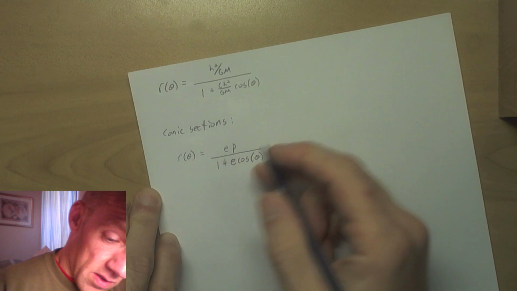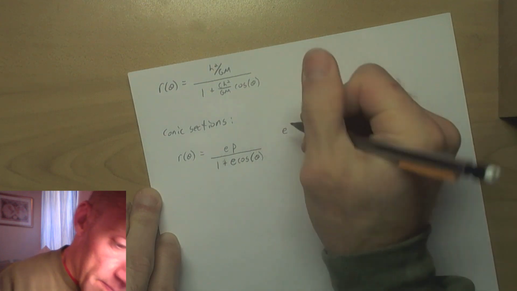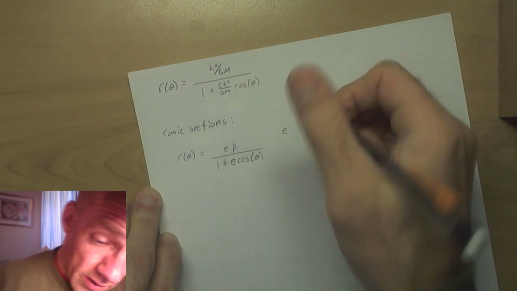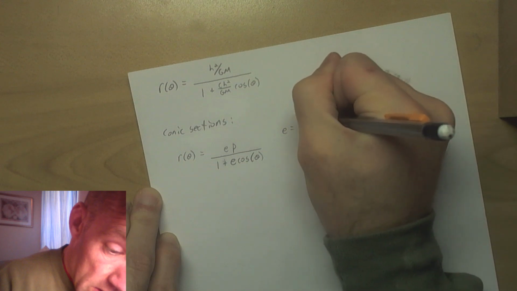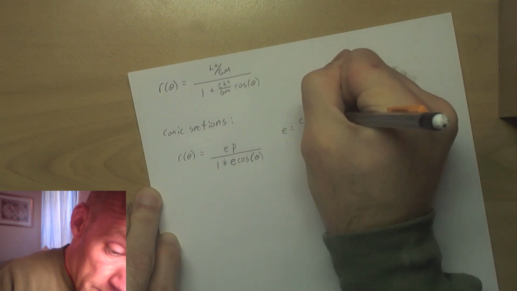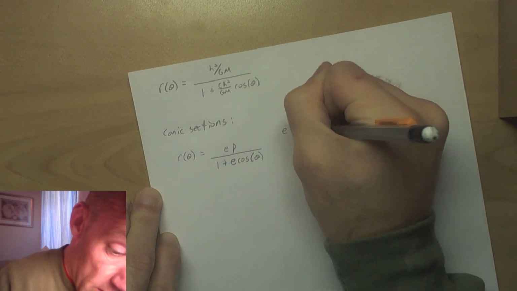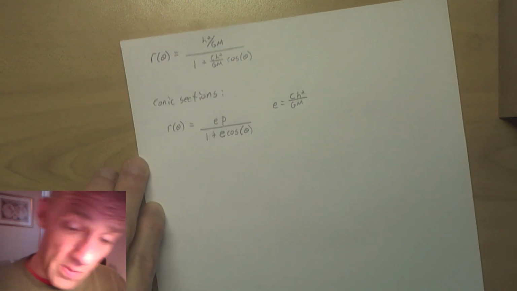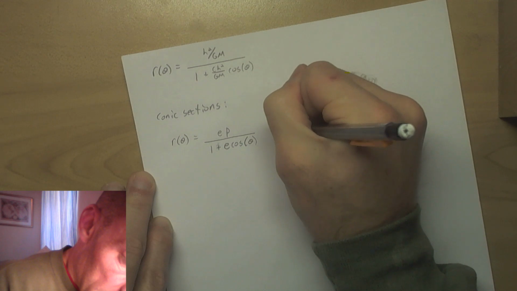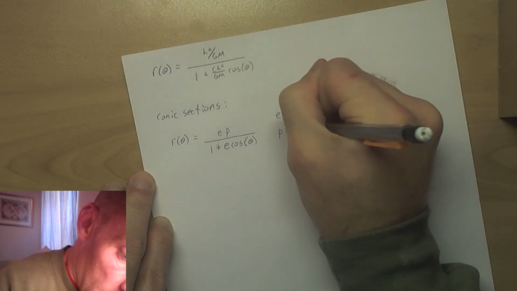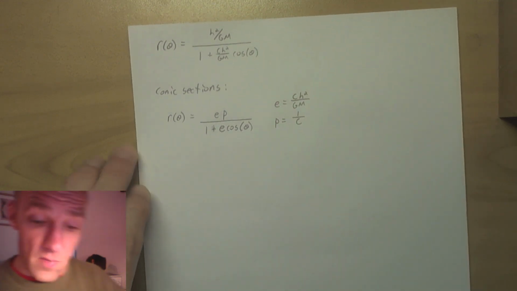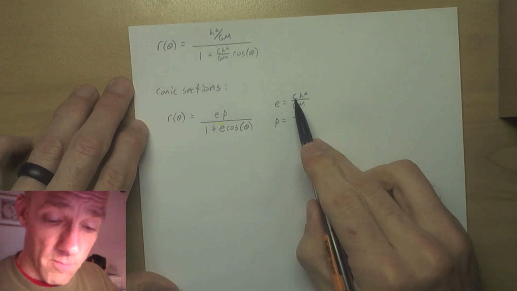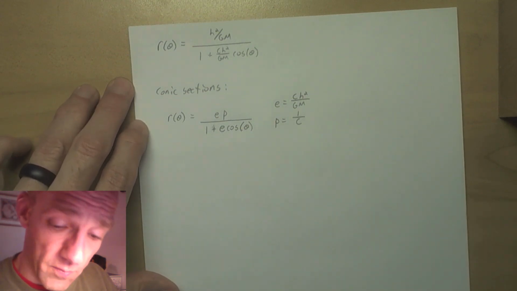So in this, E is clearly this combination of parameters here. And then P is just 1 over that constant of integration we found earlier.